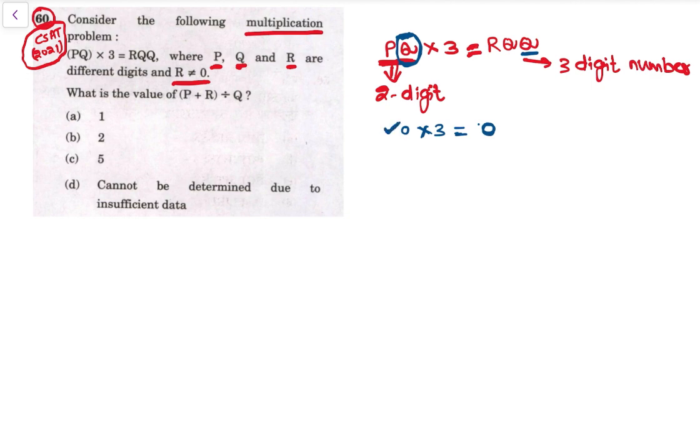Then if we take Q as 1, multiplying with 3 gives 3, so 1 is not coming; 1 cannot be Q. Then take Q as 2; 2 multiplied with 3 gives 6, so Q cannot be 2. Then 3 into 3 is 9, so that is also not the number.